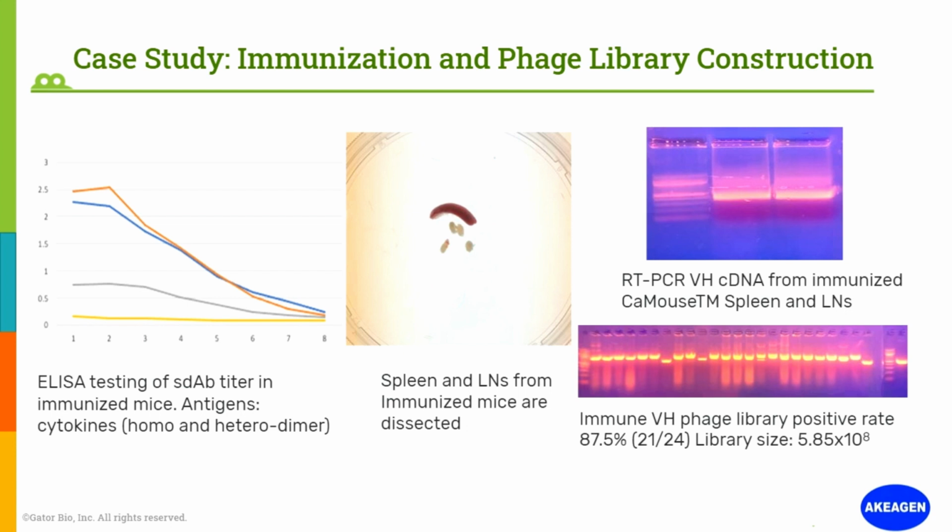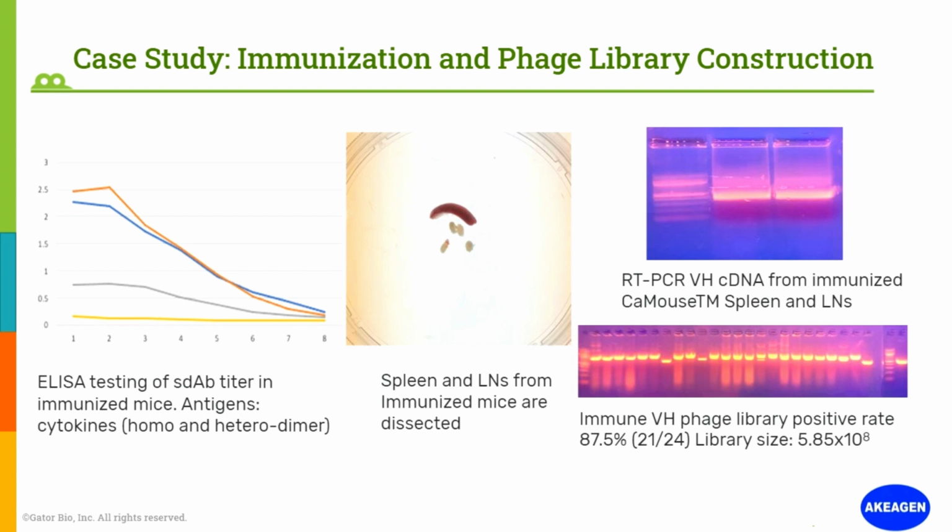So we immunized the camelid mouse, and we can see that the mice have a very strong immune response, and so we collected the spleen and also the lymph nodes, which we show here: a very enlarged lymph node and enlarged spleen from the mice that have high titers of antiserum.